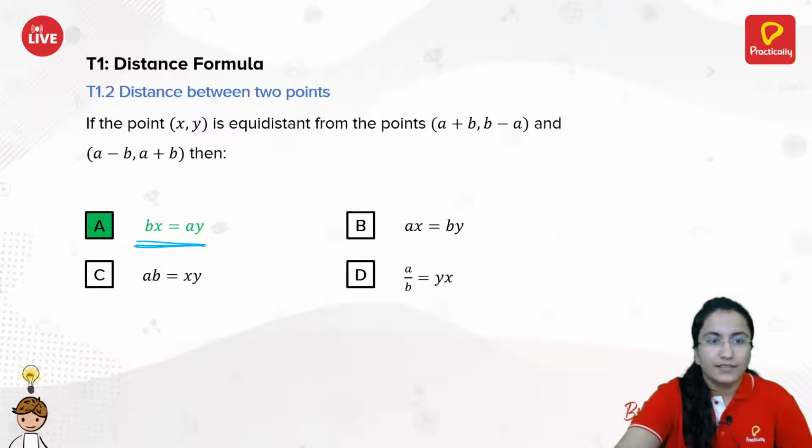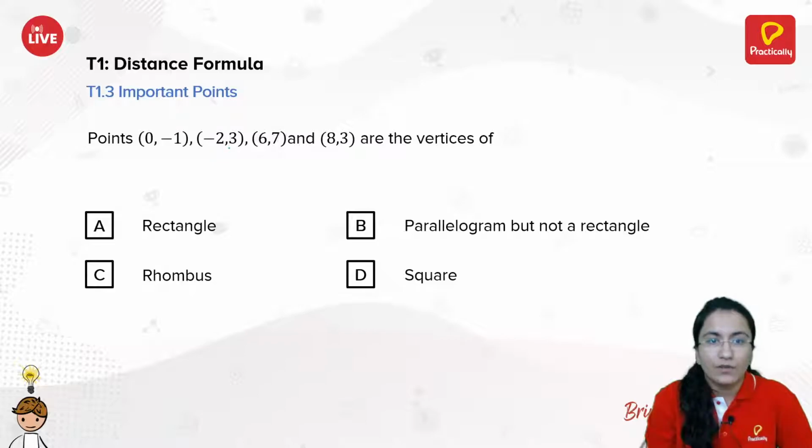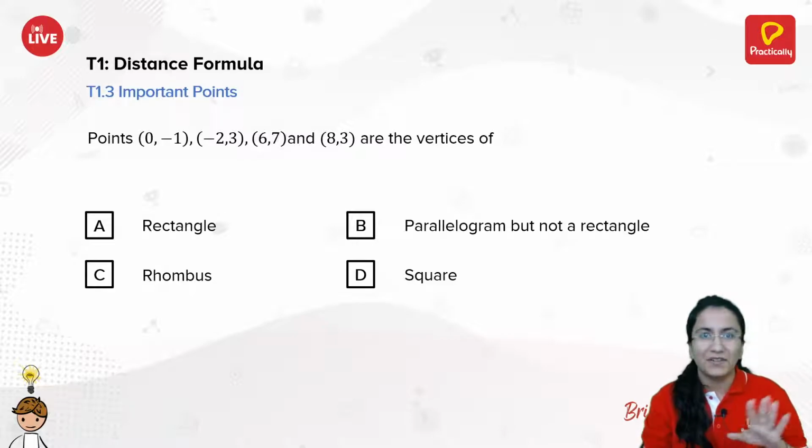Okay, let's go to the next question. Here's the next question for you. Points (0, minus 1), (minus 2, 3), (6, 7) and (8, 3) are the vertices of, you got the question, right?